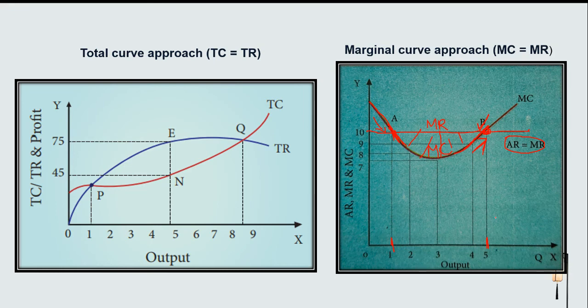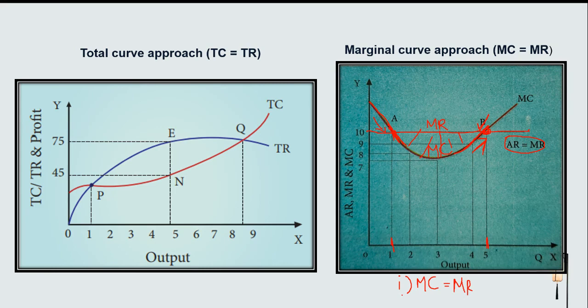So in the marginal curve approach, you have 2 conditions. First condition is MC must be equal to MR. At which point does that happen? Does it happen at B?